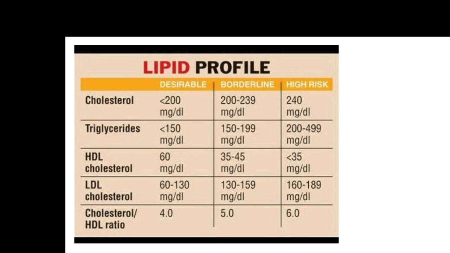When you go for a lipid profile examination, the results you get would be cholesterol, triglycerides, high density cholesterol or high density lipids, LDL, low density lipids, or the ratio of cholesterol to high density or low density to high density ratio.